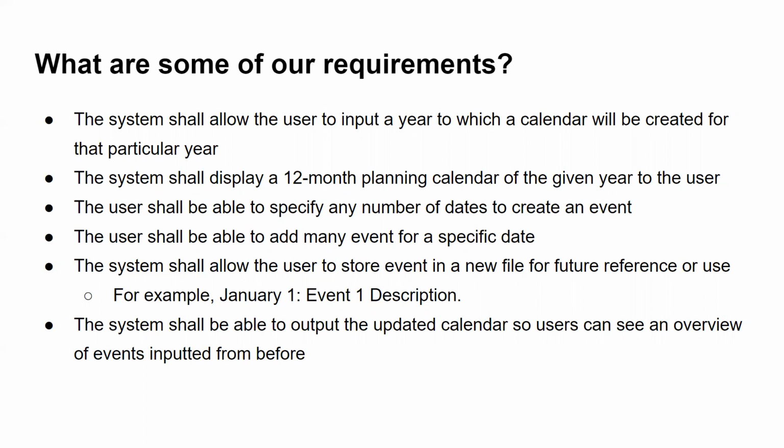This allows the program to take in information when it stops running and it is run again. The system shall be able to output the updated calendar so users can see an overview of events inputted from before.